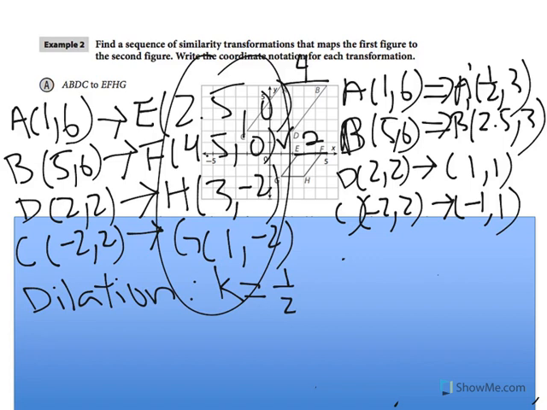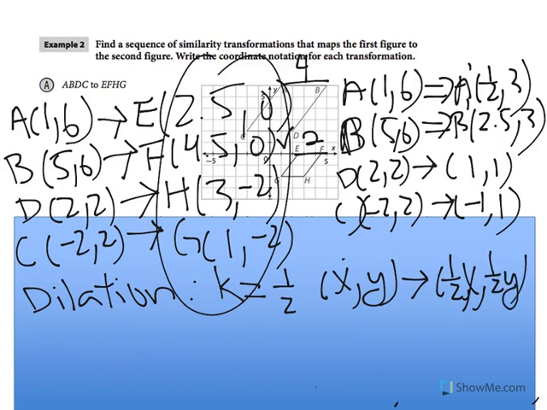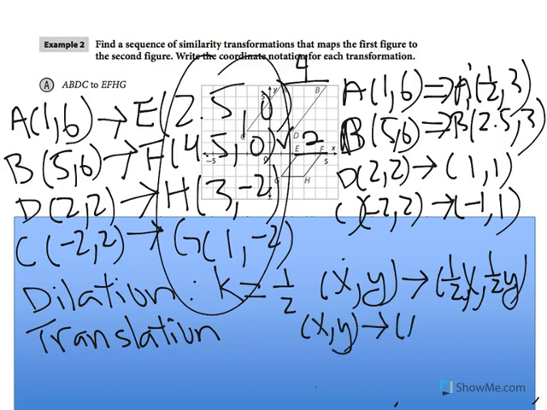Okay, so here we can say that we have a dilation of 1/2, so we have our original point (x, y), and we want to reduce it by half. And we also have a translation, where we have an original point (x, y) and we want to go over x plus 2.5.